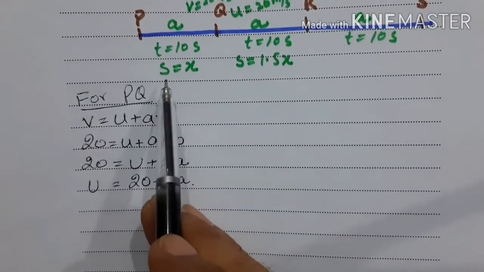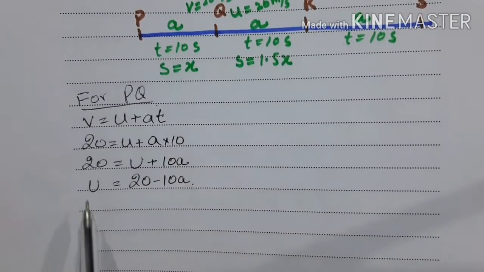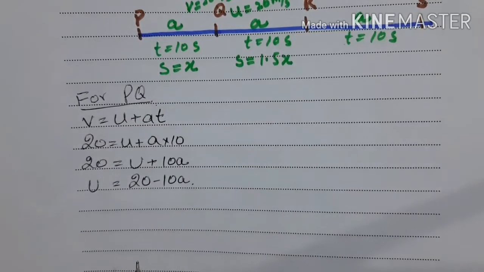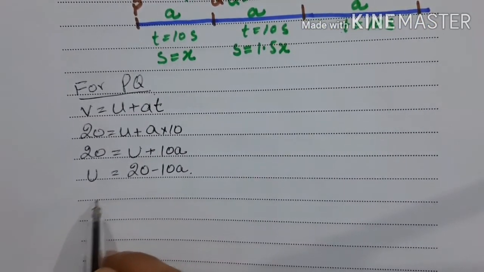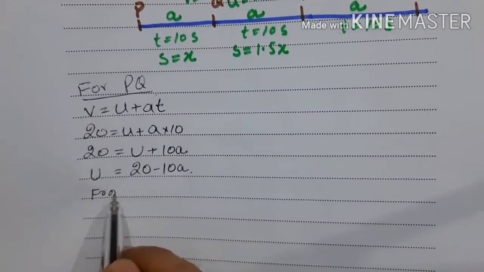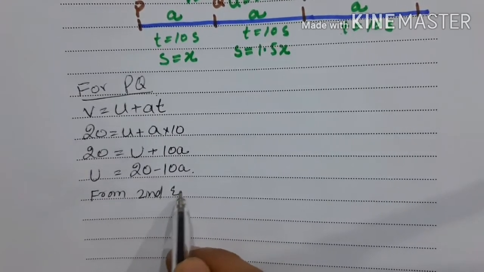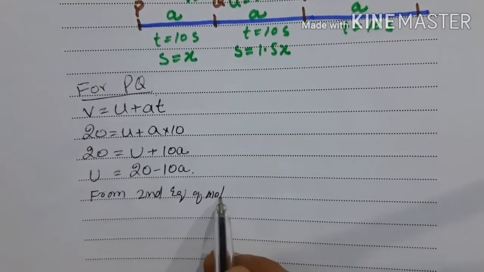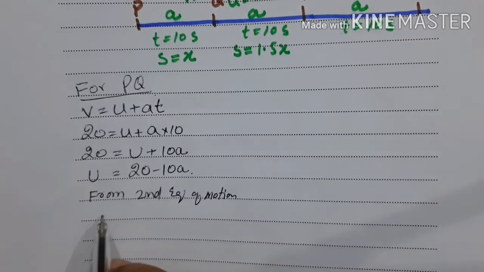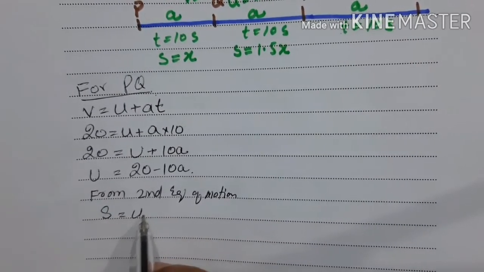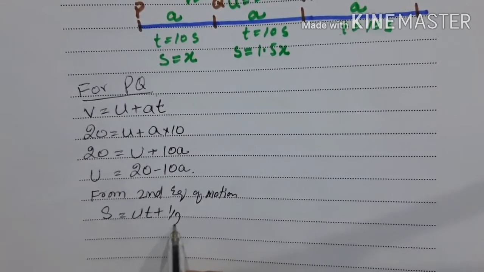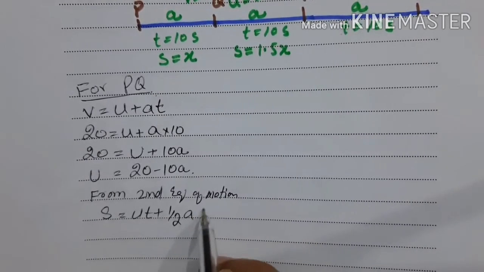Now we have S, T, A, U and V. So we'll use the second equation of motion, which is S is equal to UT plus half AT square.